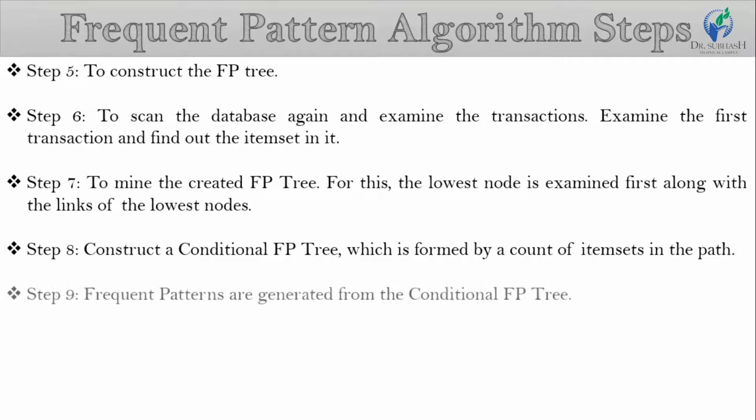The next step is that frequent patterns are generated from the conditional FP tree. So these are the steps for creating frequent patterns algorithms. Now I will explain a numeric example of the FP growth algorithm.